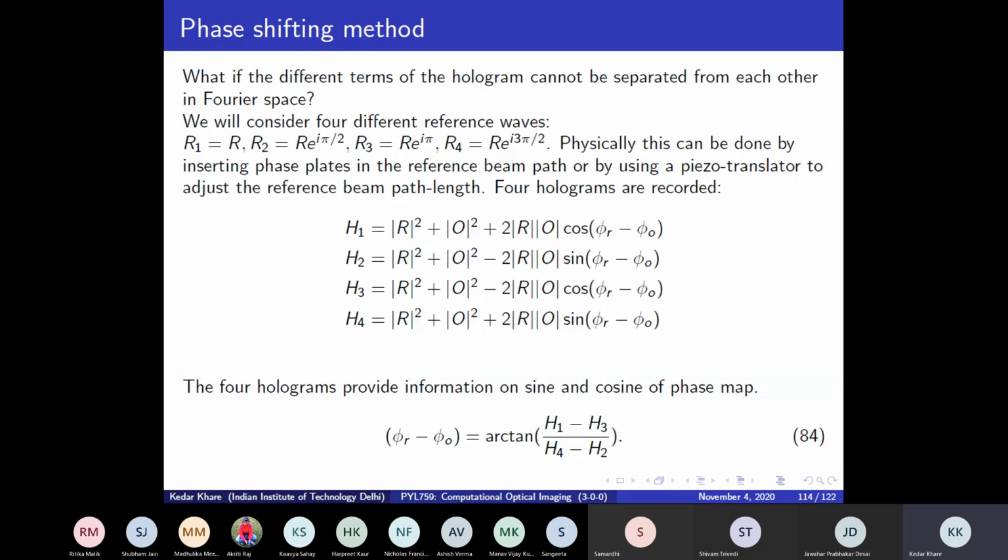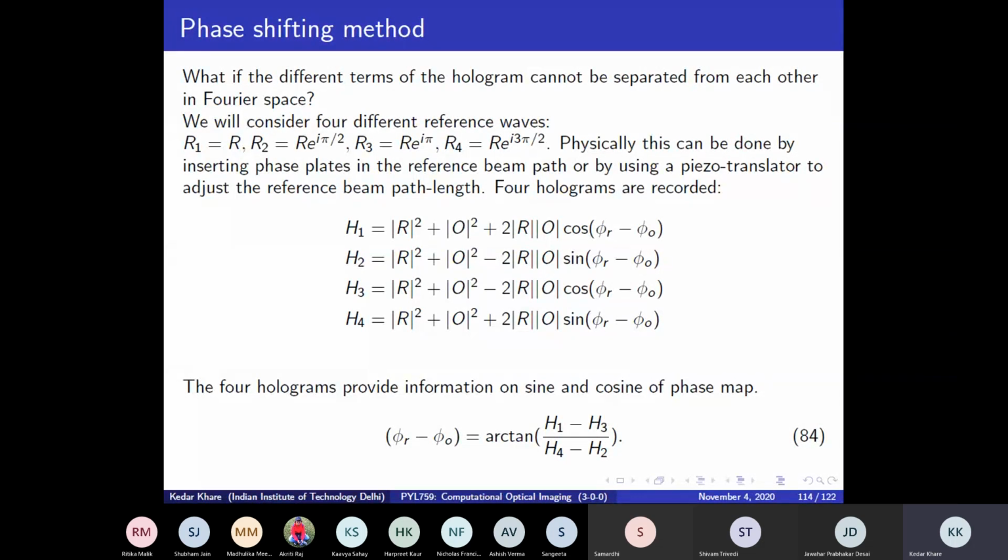So H1 is the interferogram or hologram that we discussed before, but now H2, because you have added a phase shift of pi by 2 into the phi r part, so it's a constant phase shift, that leads to a sine of phi r minus phi o. Then when you add a phase shift of pi, the cosine becomes a minus cosine. And when you add a phase shift of 3 pi by 2, then the cosine becomes a sine.